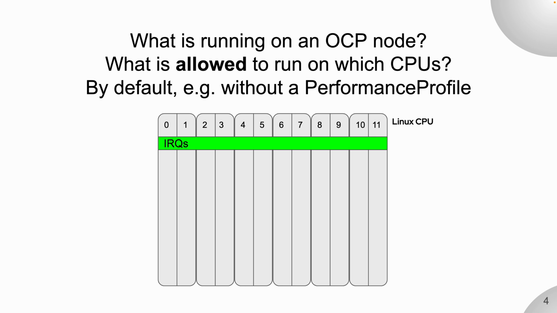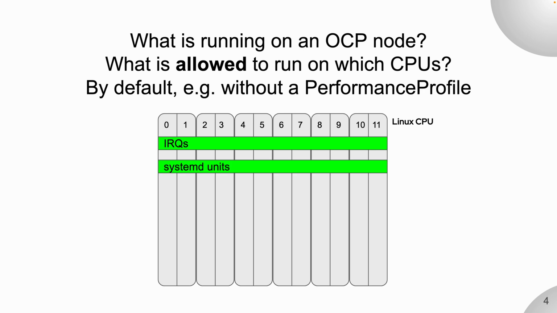IRQs are hardware processing events triggering work in the kernel. So this is kernel work triggered by an interrupt. It can be packets arriving on a NIC, an NVMe IO operation, etc. We have systemd units.